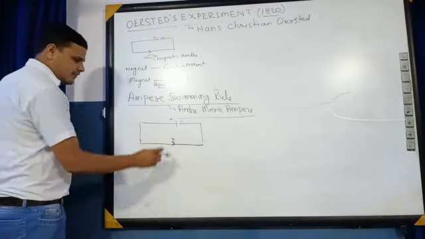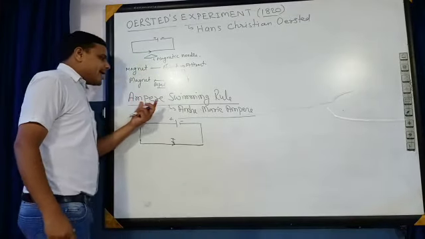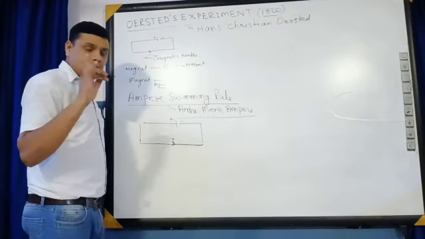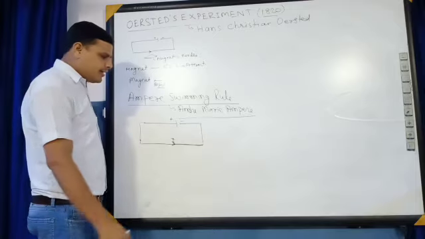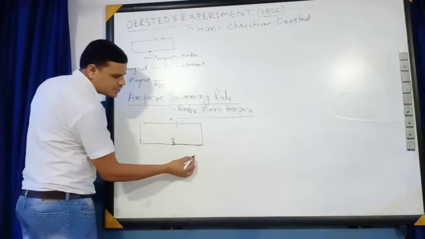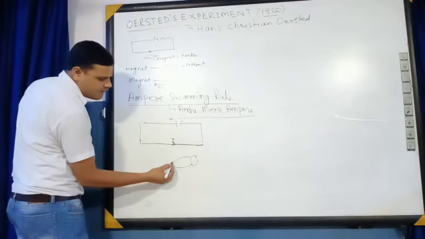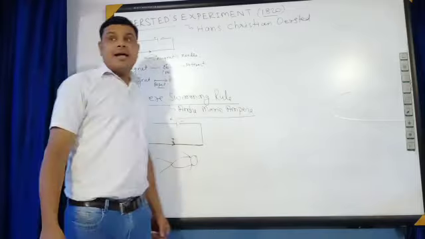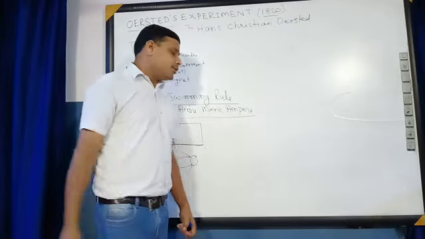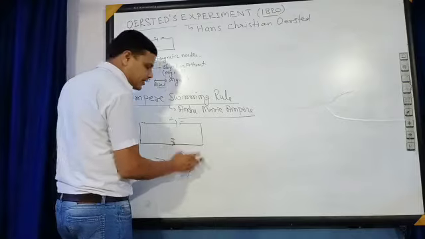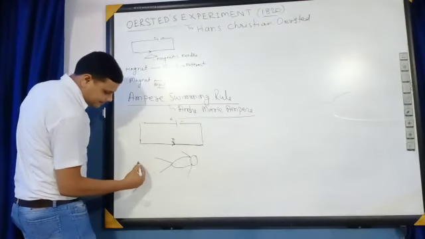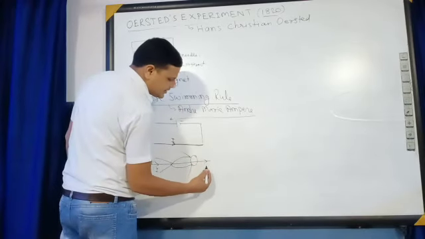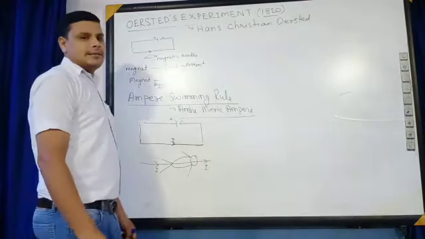According to Ampere's swimming rule, imagine that you are swimming in the direction of current such that current enters from your leg part and emerges out from your head part.